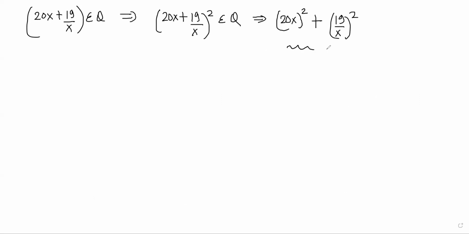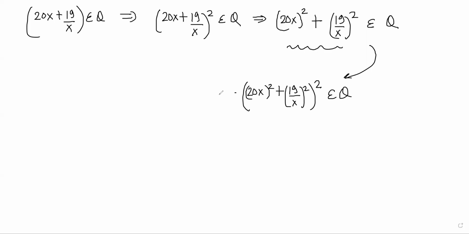So this part itself will belong to Q, right? Again, if I square this also, I will be able to show that 20X whole square plus 19 by X whole square belongs to Q, which will again itself imply that 20X whole power 4 plus 19 by X whole power 4 belongs to Q.